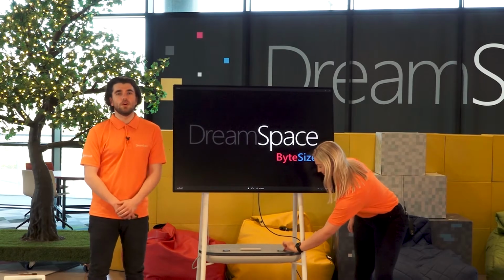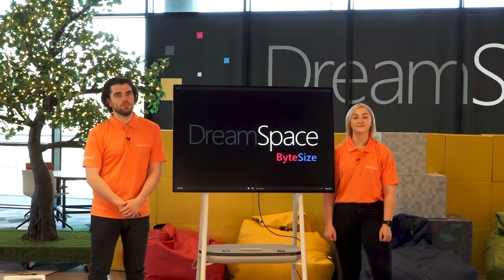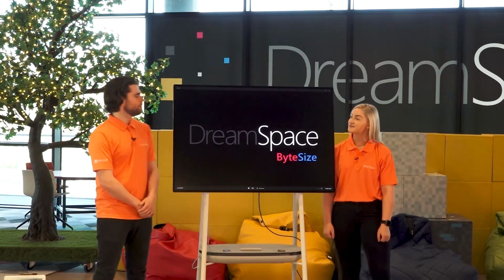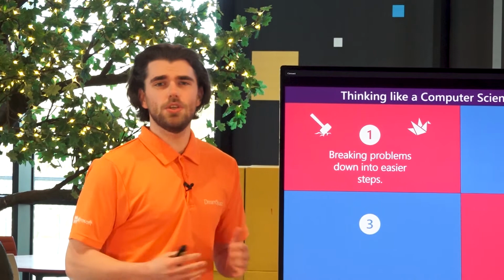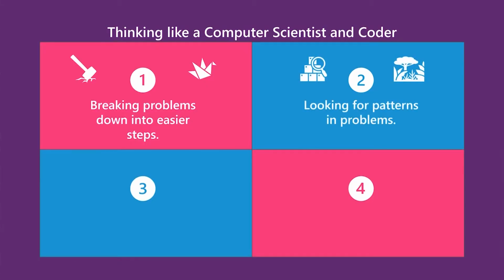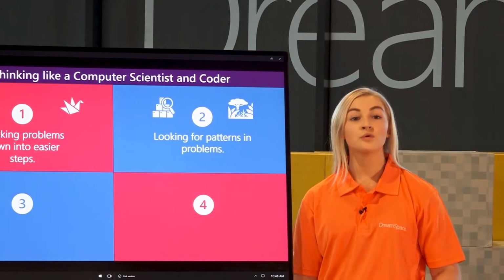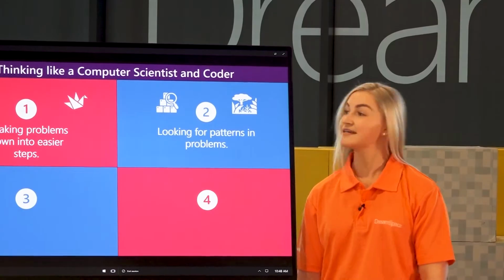Before we get coding though, we need to make sure we remember all the skills we learned over the past 4 episodes. So let's have a quick review of them, Niamh. Sounds good. In episode number 1, we were learning how to break down problems into easier steps, and we even used this to make our very own origami dog. In episode 2, we were looking for patterns in problems, which we then used to make a key, and our key was about natural materials.